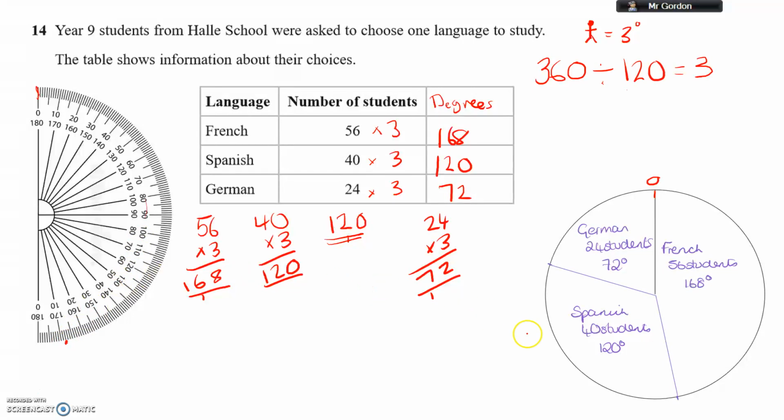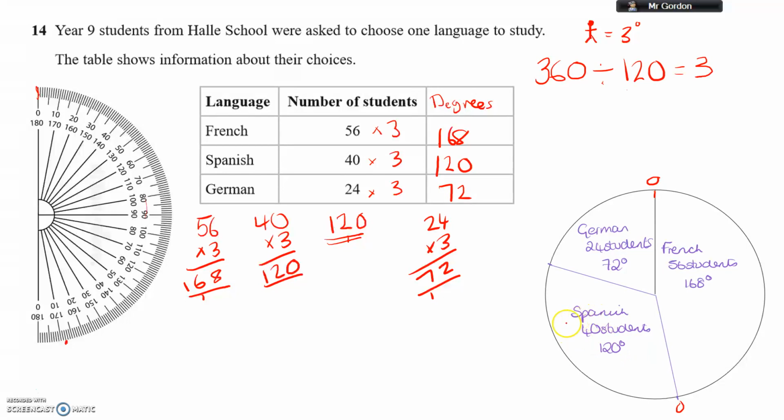Okay, so I'm down here on the real thing, and then I'd connect it to the centre. Then I'd turn my protractor right round so that 0 was here. And then I'd measure from 0 round this way to 120. Well, you always get the last one for free, they say, because you don't need to measure that because it's the only one left. And you should have 72 degrees left once you've done the first and the second sections, alright?